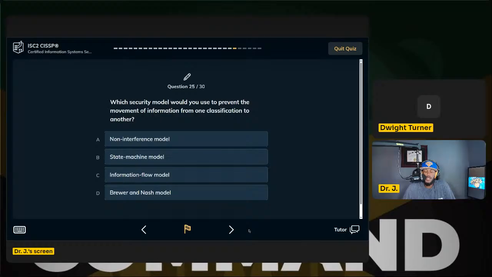So I know Bell-LaPadula puts labels on, I guess, media or assets. State machine, I don't know.